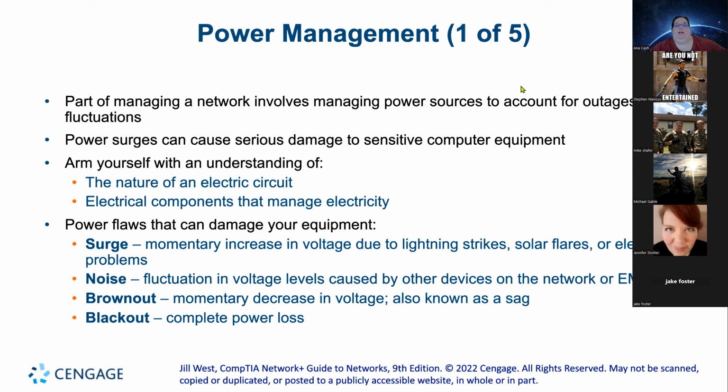Power flaws that can damage your equipment: surges, momentary increases in voltage due to lightning strikes, solar flares, or electrical problems. Noise, that's fluctuation in voltage levels caused by other devices on the network or EMI. Brownouts, that's what I was having problems with. Momentary decreases in voltage, also known as sag. And then blackouts, which are complete power loss.